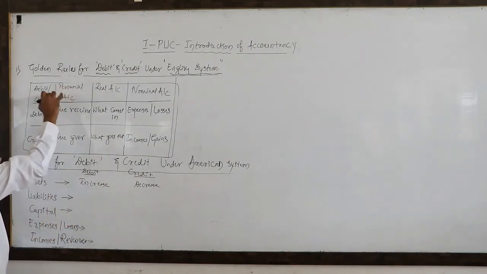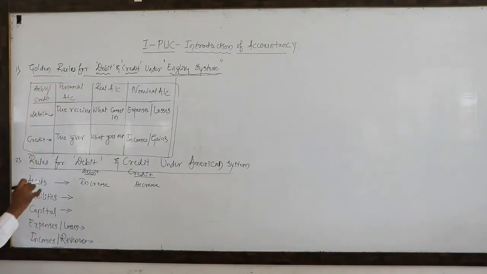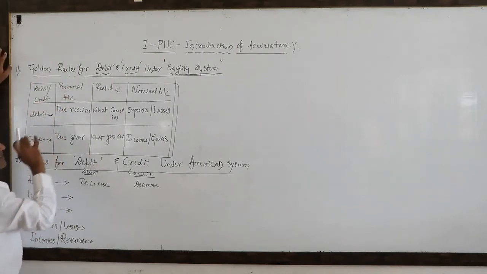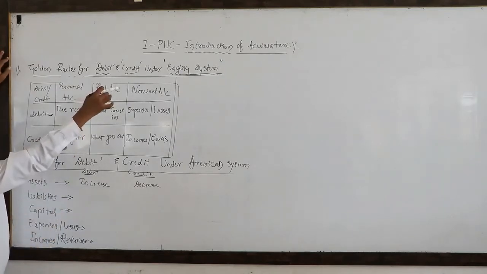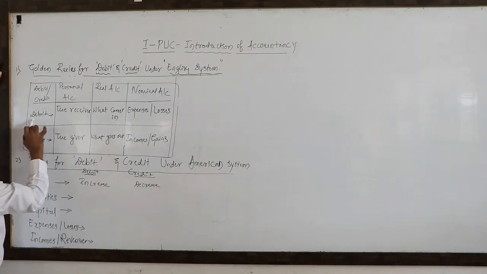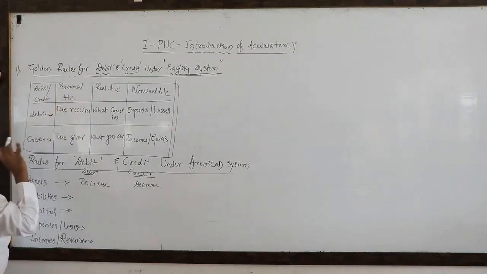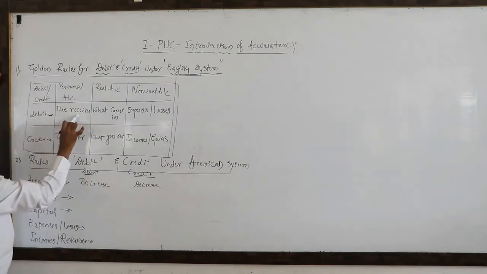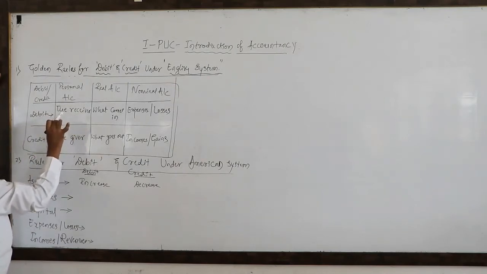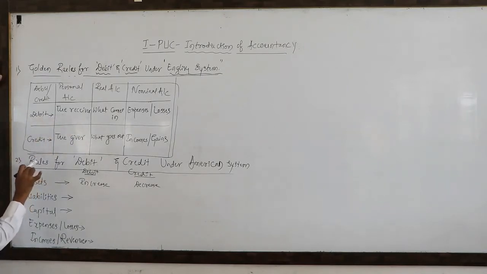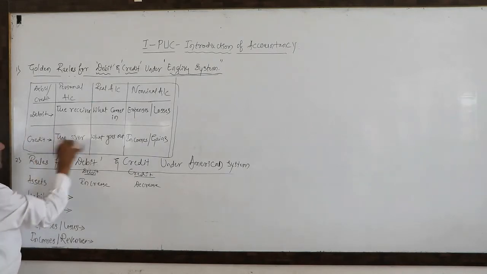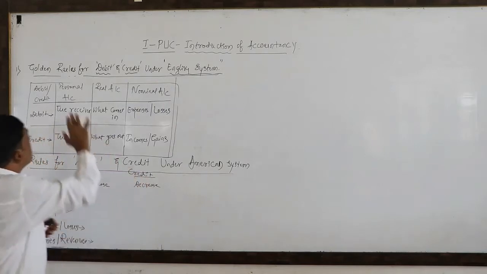In personal accounts, one person is the receiver and another person is the giver. As per the English system, debit the receiver, the person who receives, and credit the giver. This is about personal accounts.